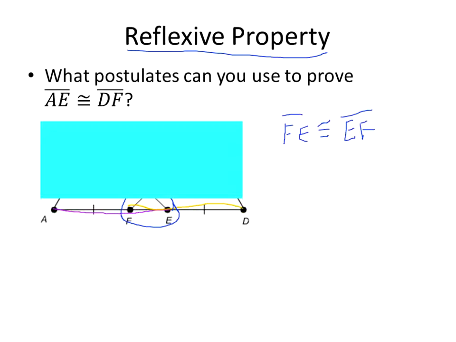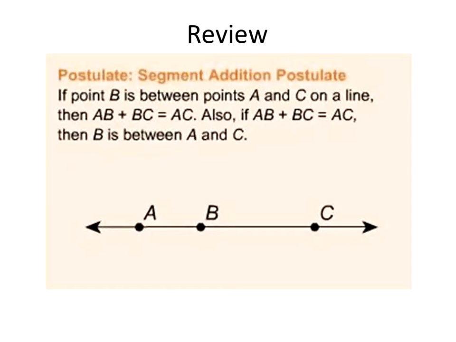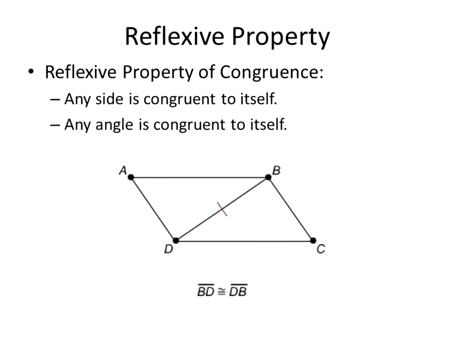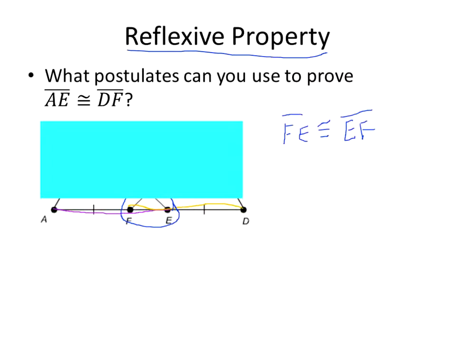And so if I go back to the properties back here, and postulates, excuse me, I see this segment addition postulate, and it says, if I take AB, this segment right here, and I add it to this segment right here, I get the entire segment. So, if I have from A to F, or AF, when I add FE, do I get the same thing as DE, and then I add EF?